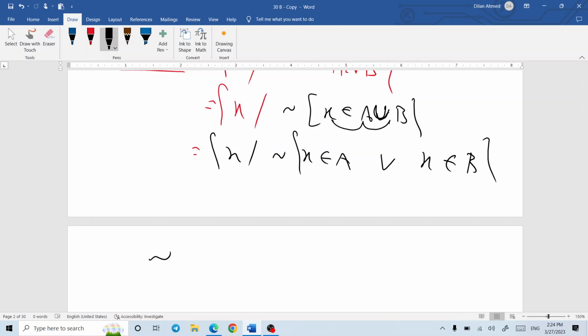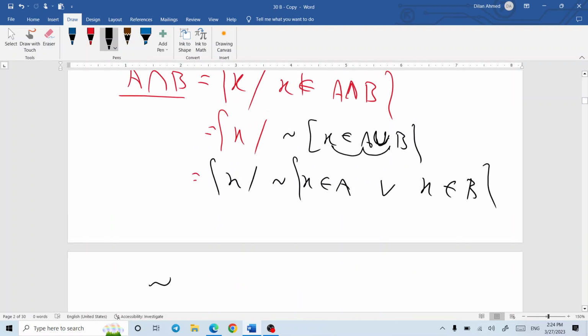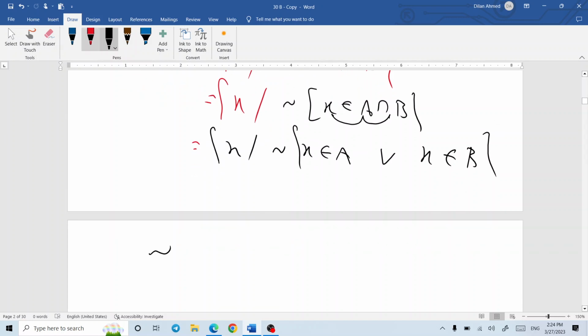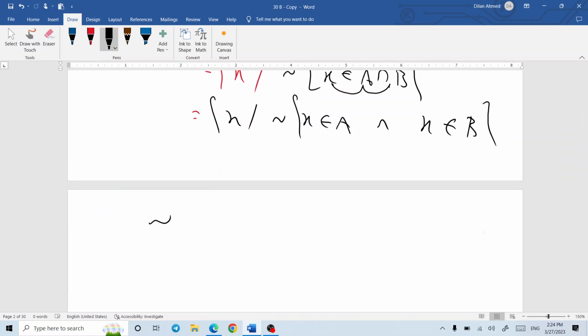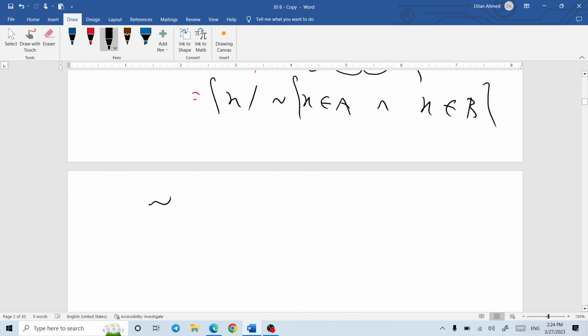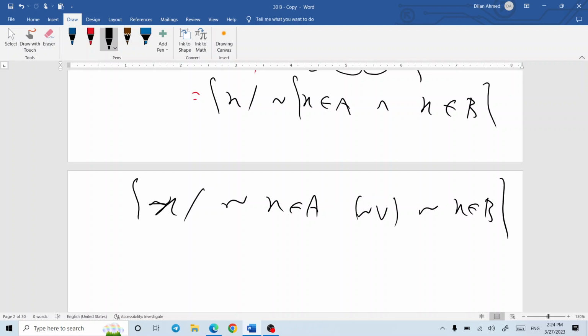Okay? Now, part by part, I say it was intersection, sorry. Intersection. Now I can say it is equal to those x such that negation of x belongs to A, or negation of x belongs to B. Right?